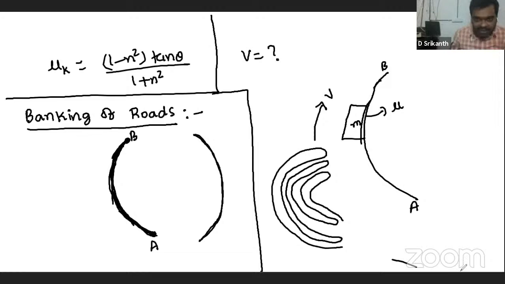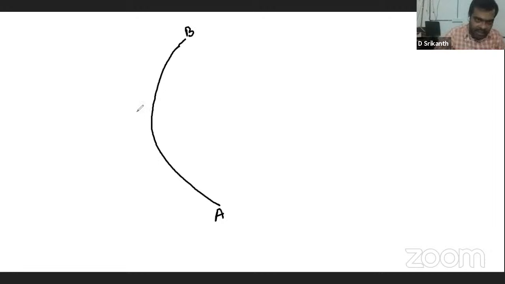Firstly for rough surface, observe carefully the diagram. Diagram is most important. Don't draw now, I will give time. That time you can draw. We are having an object of mass m. Here the object is in contact with the curved surface. We are having a coefficient of friction as mu.